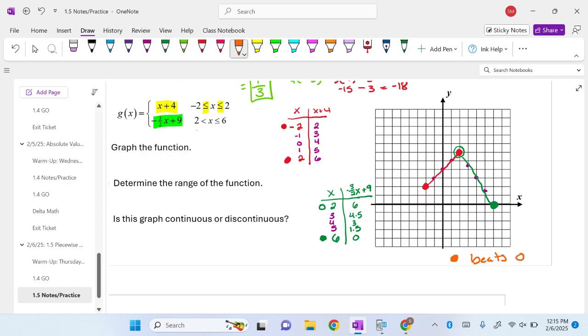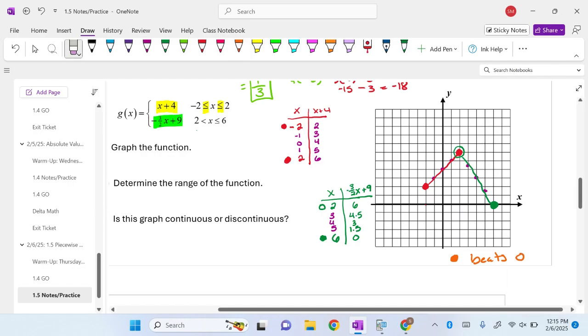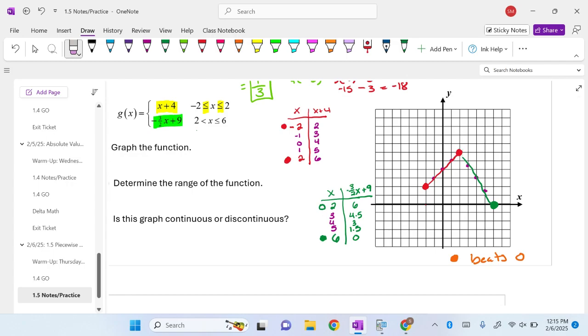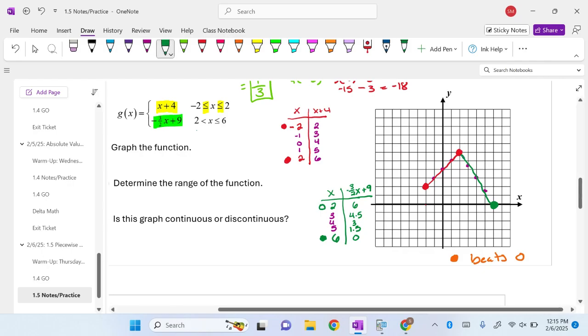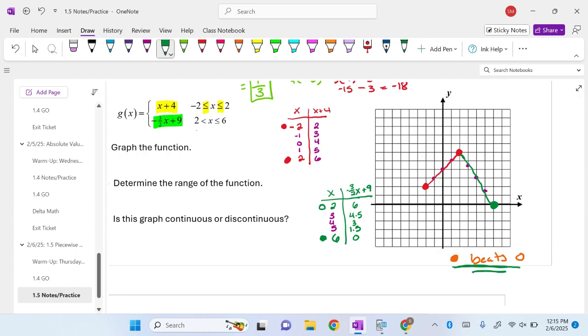So in other words, if one has a closed circle and the other an open circle, but they're right on top of each other, all you need to do is keep that closed circle. So you still got the line going to it, but you don't have to draw the open circle. So closed circle beats open. And that's what that piecewise function would look like.